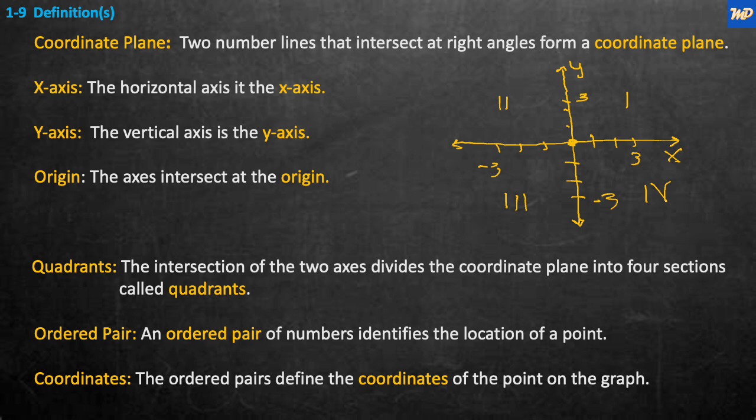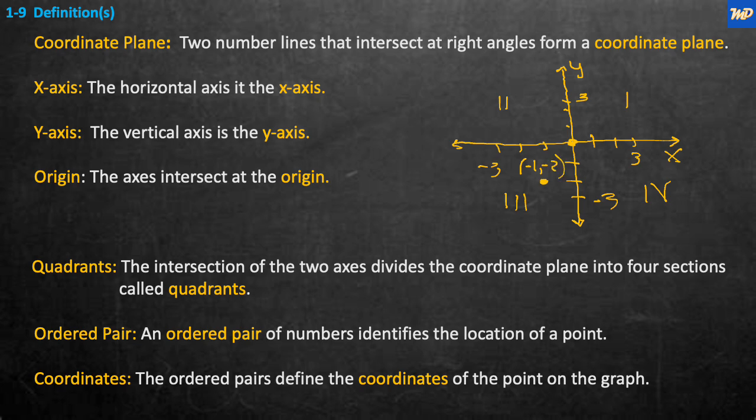And then ordered pairs. An ordered pair of numbers identifies the location of a point. So if I pick a point here, it's -1 right here, -2 right here. So I'm going to pick this point right there, and I'm going to call that point (-1, -2).